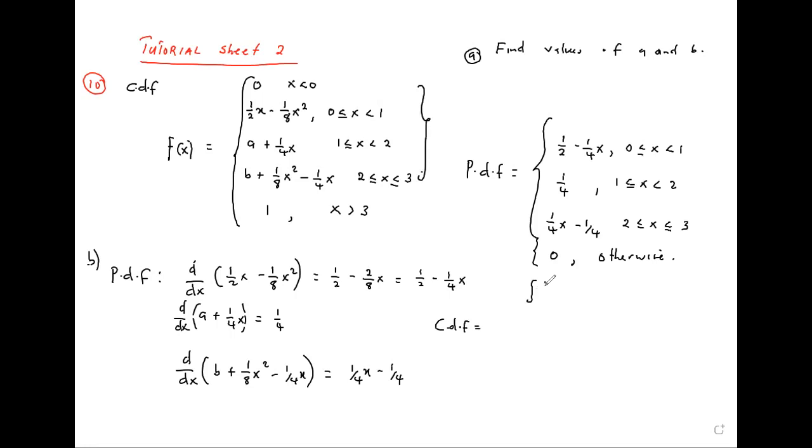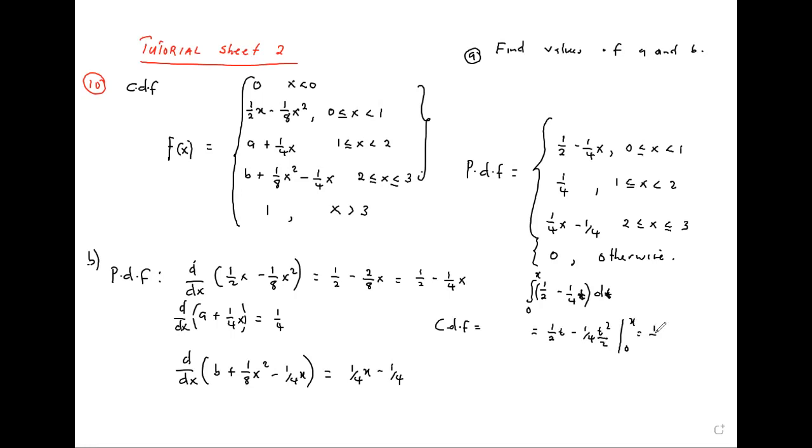We integrate the first piece, half minus 1/4x, with respect to x, from 0 to x, so that I put t there. So the integral is going to be 1/2t minus 1/4 t squared over 2, all the way from 0 to x.